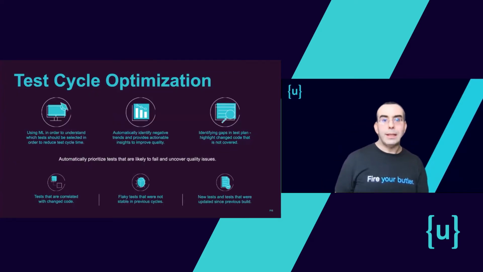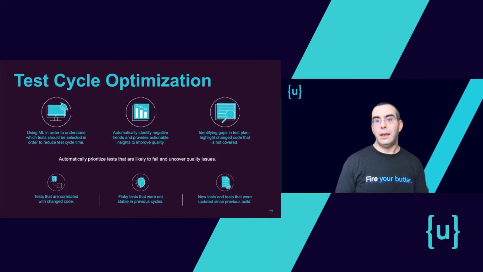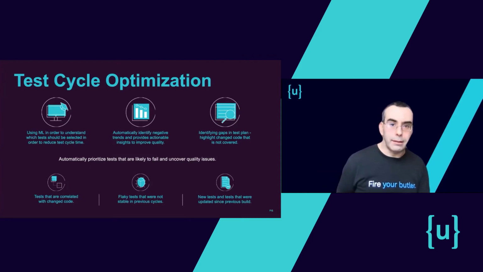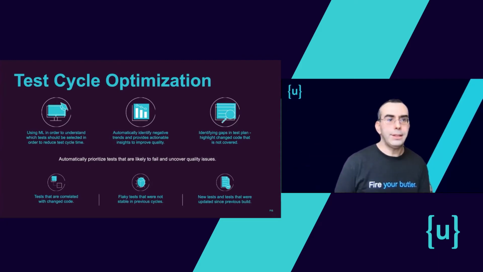Let's talk about some of the key capabilities that we are very excited to build into CI Enterprise. One of the things we are extremely excited about is the ability to optimize the test cycle. It's a well-known fact that tests are the key bottleneck in every build process.